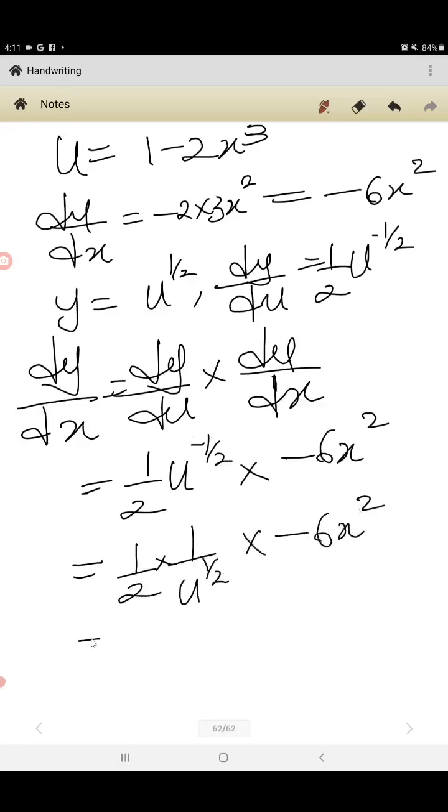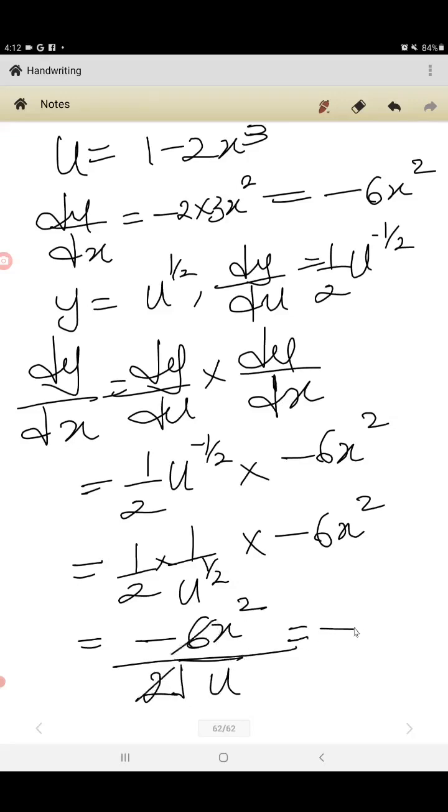So let's just put it together to be minus 6x squared over 2 root u. If we go back to the laws of indices, that's what it gives you. But if this can cancel this, if you agree, it means minus 3x squared over root u. If you can agree with this, so this is just a value.